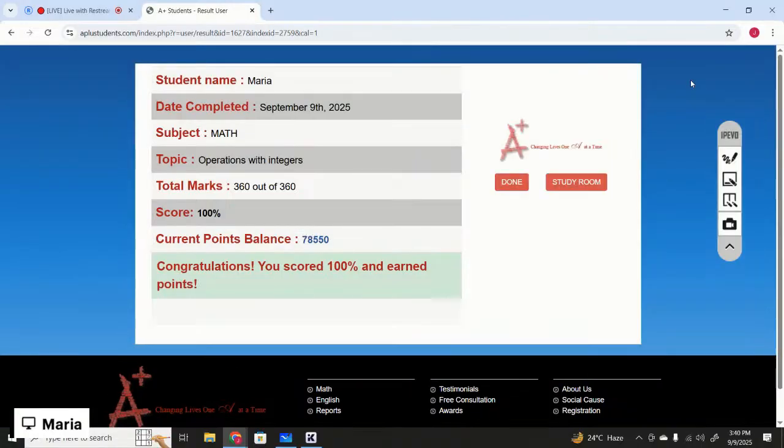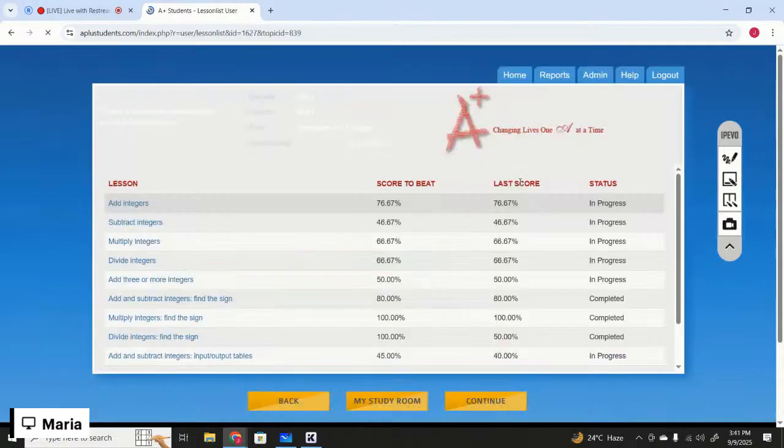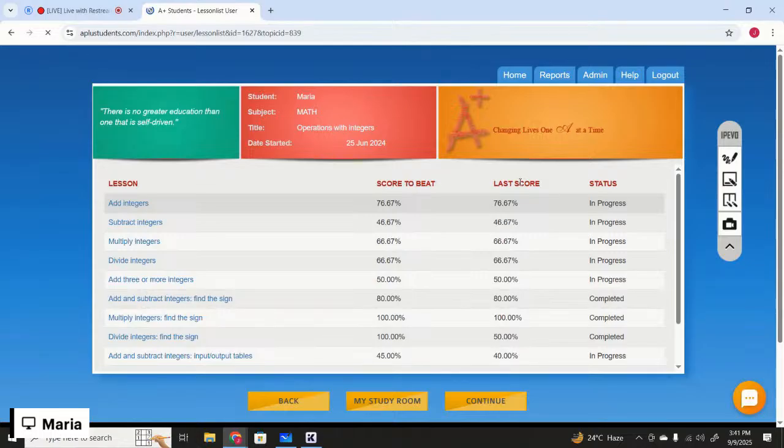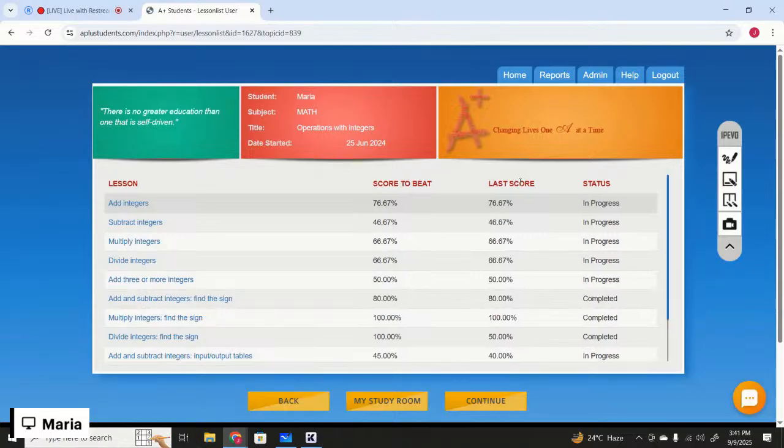So we were working on grade 6 math. The chapter we were working on is operations with integers. The lessons we have covered today are divide integers, add three or more integers, add and subtract integers, find the sign, and multiply integers, find the sign.